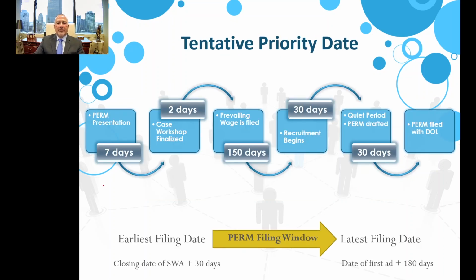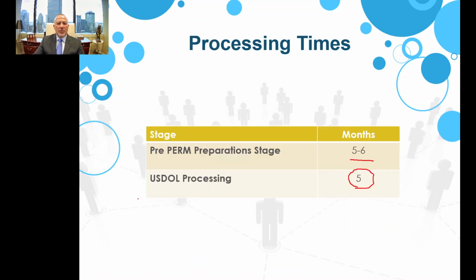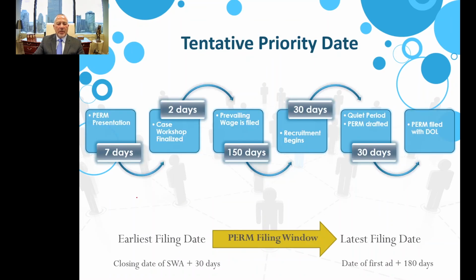So this is a tentative flow of how the perm process will go in our case. Again, all the steps are coded in our portal so that our clients are well informed about where they are in the process, what's the next step, and so forth. From perm presentation to case workshop finalization, usually 7 days.